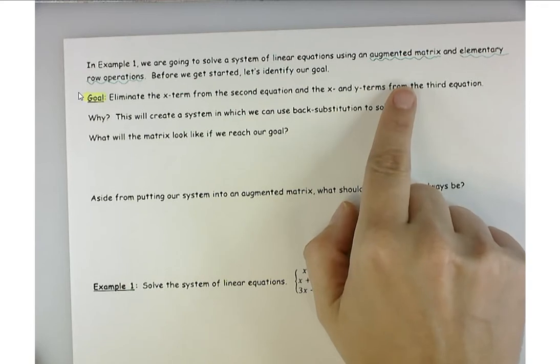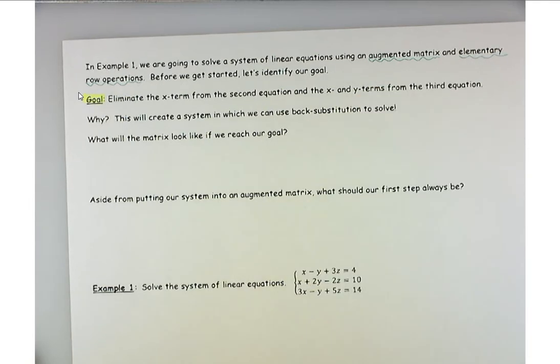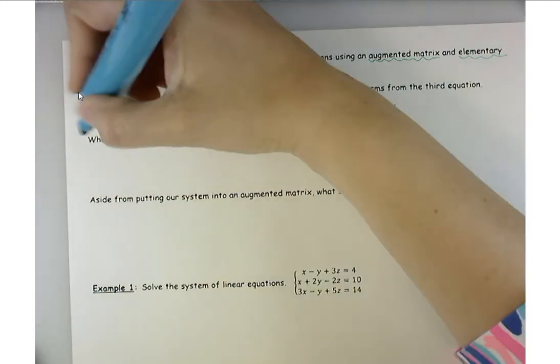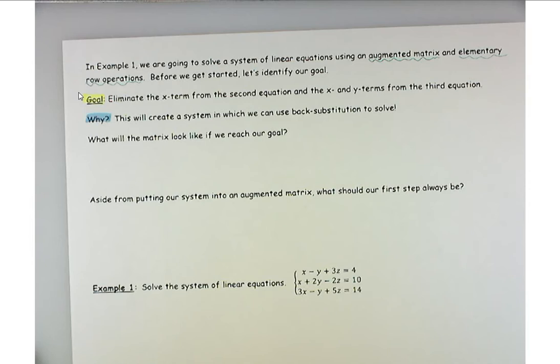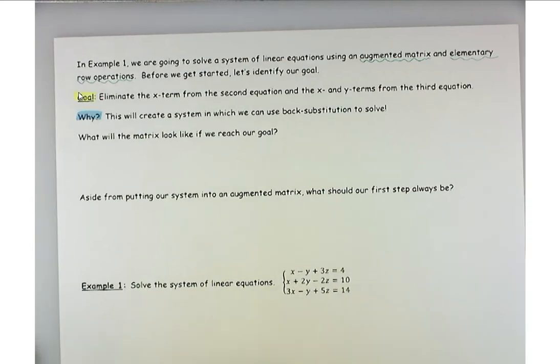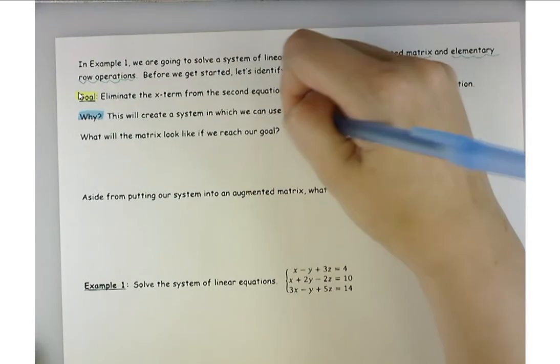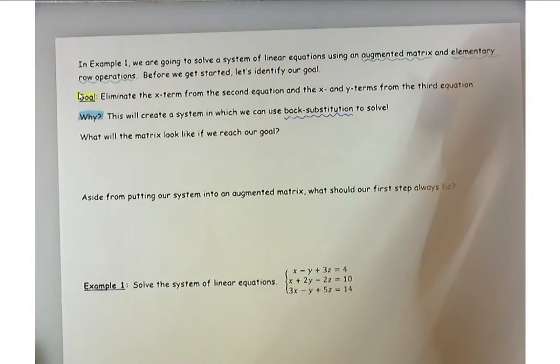Does that ring some bells? Yes. Are you guys alive? No. No. All right, and then, well, why are we doing this? So this is going to create a system in which we can use back substitution to solve. Okay, so our main goal is to be able to use back substitution.